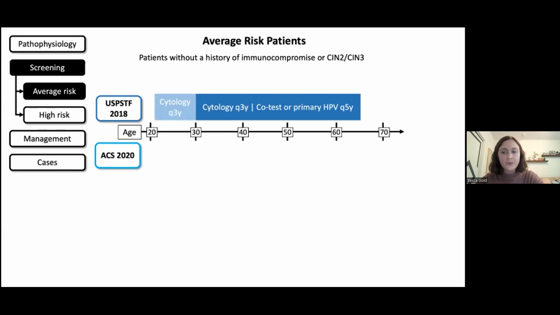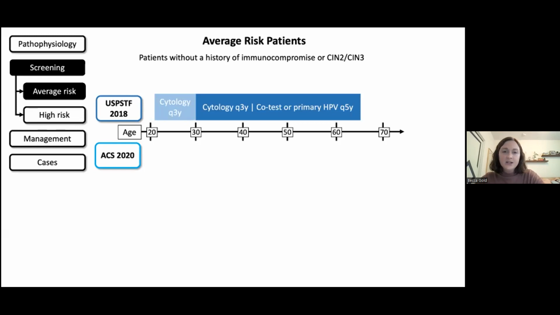The reason this group doesn't recommend HPV-based testing in those less than 30 is because, as I noted, there is a high prevalence of transient HPV infection in this age group. However, cytology alone has been found to be less sensitive for precancer and cancer, especially adenocarcinoma, interestingly, compared to HPV-based testing. So that's why this method is recommended as an alternative in the older group of patients.